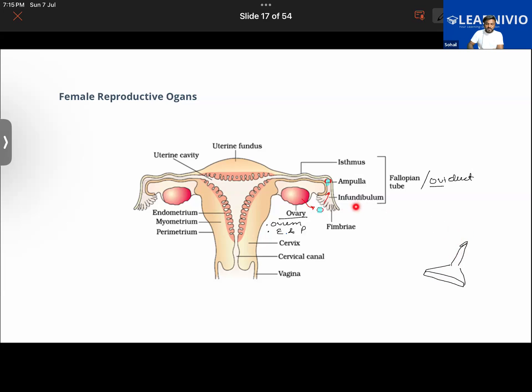So ovaries would be producing one egg every month. It would be released from either one of the ovaries, either from this one or from this one. So it would be released into the fallopian tube or the oviduct, and it will further go here, and it will be going up to here. Let me just draw that.